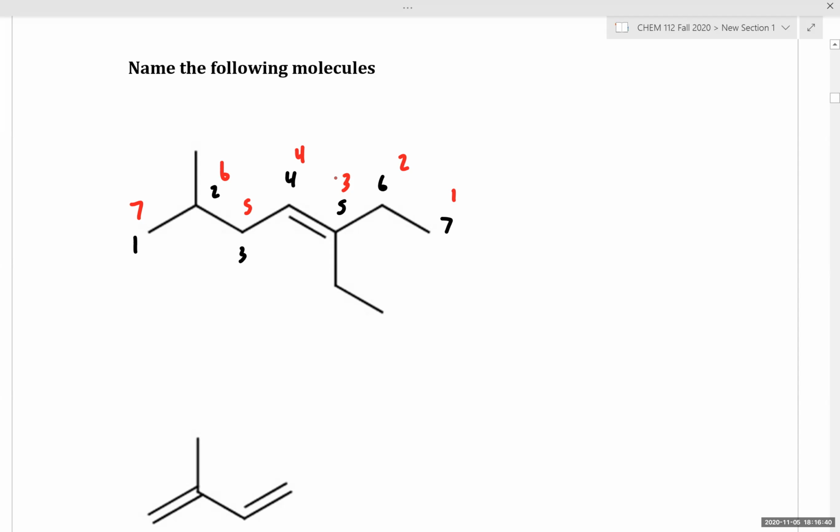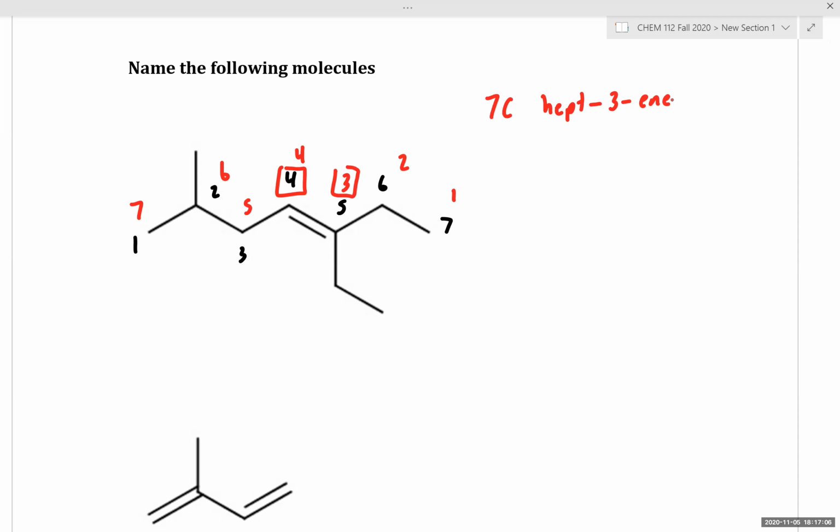Red, yep, exactly right. 3 is lower than 4. Okay, so we see this is a 7-carbon chain, so we'll use the hept base. Since our alkene is at carbon 3, we name it as hept-3-ene. Okay, so far, so good.